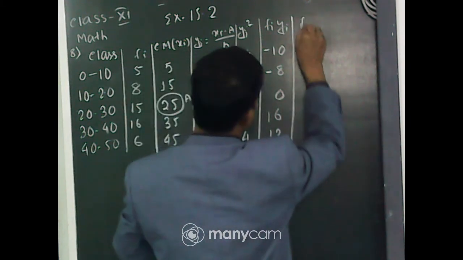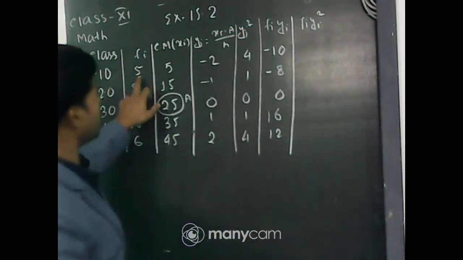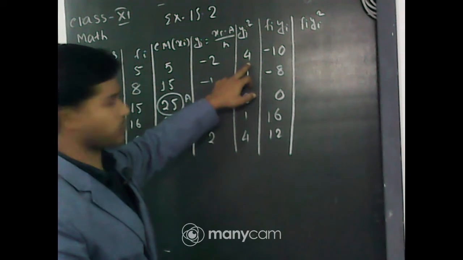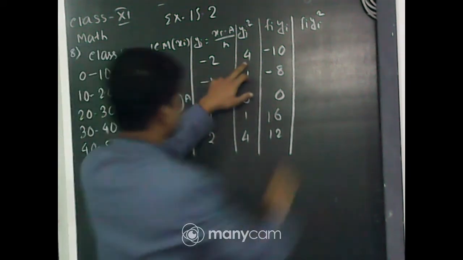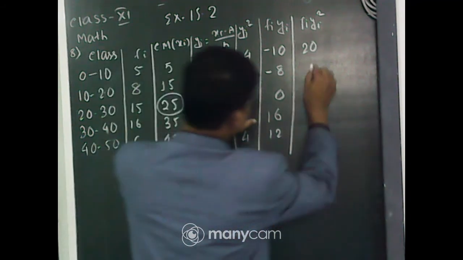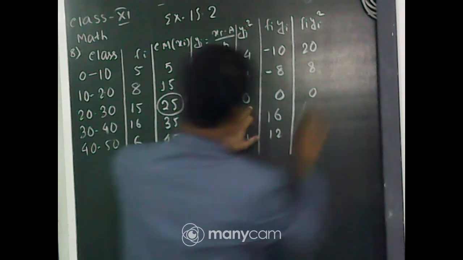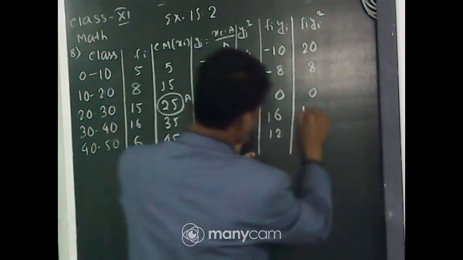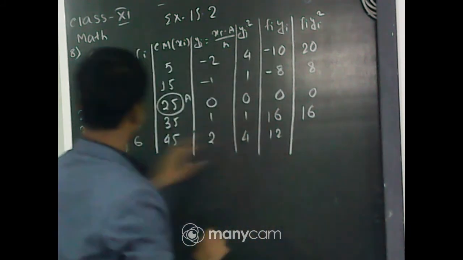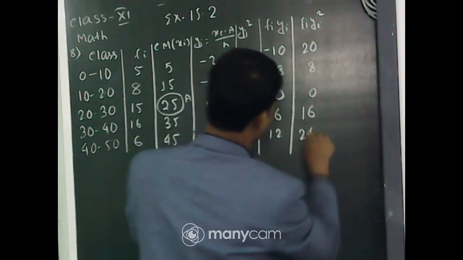The last one is fi yi square: multiply each fi by the corresponding yi square. So 5 into 4 is 20, 8 into 1 is 8, 15 into 0 is 0, 16 into 1 is 16, and 6 into 4 is 24.